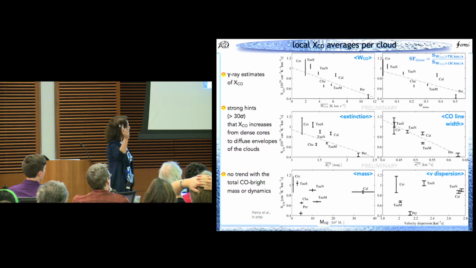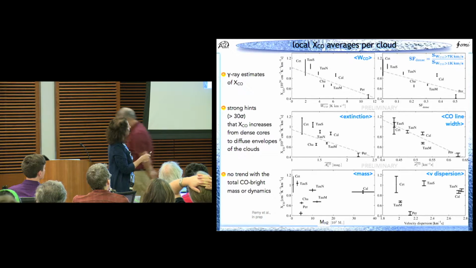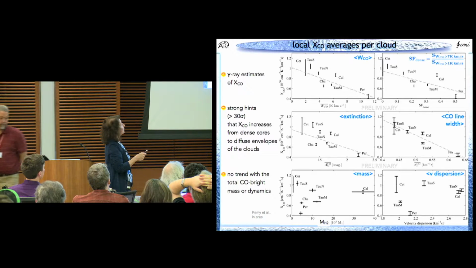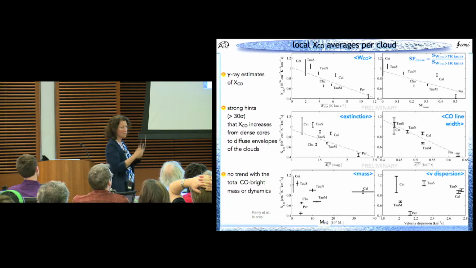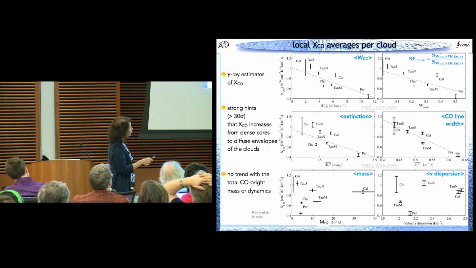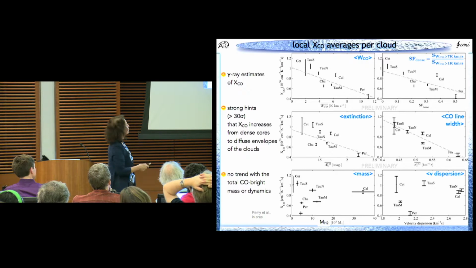And they are organized, for those at the back of the room, so that you have WCO here, the average CO or the average extinction, or you have the surface fraction of very dense, very bright CO versus faint CO, or you have the CO line width, which tends to be broader when it's optically thick.